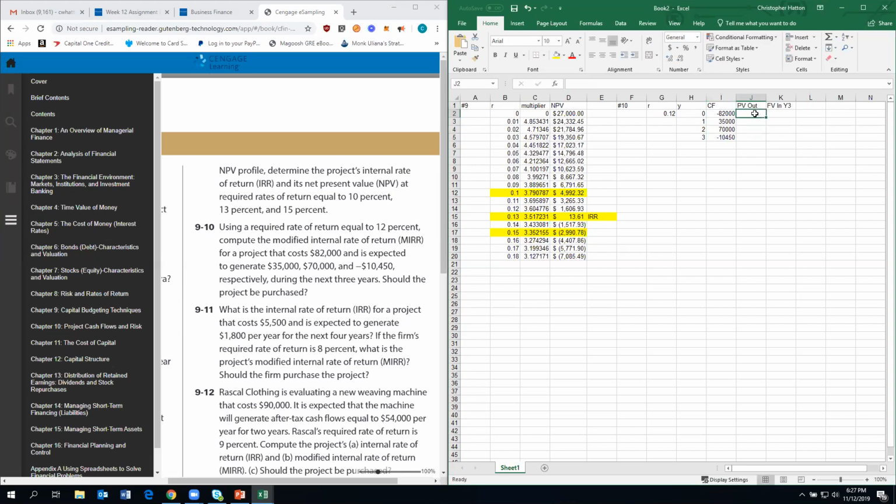All right, so outflows are what you're spending. So there are 2 outflows, the initial year and year 3. So we want to be able to get the present value of those. Since this is happening right now, that stays the same. But here we want to get the present value of the cash flow that's 3 years out. So we go equals this cash flow divided by 1 plus rate raised to the 3.